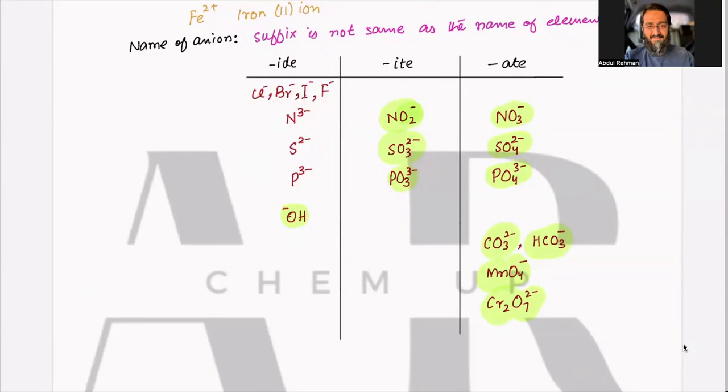But carbonate, you are not going to find anywhere in the periodic table. So you must remember that when it's carbonate, your mind just clicks that it is CO3 with the 2- charge. So the highlighted ones must be remembered. That must be on your fingertips.